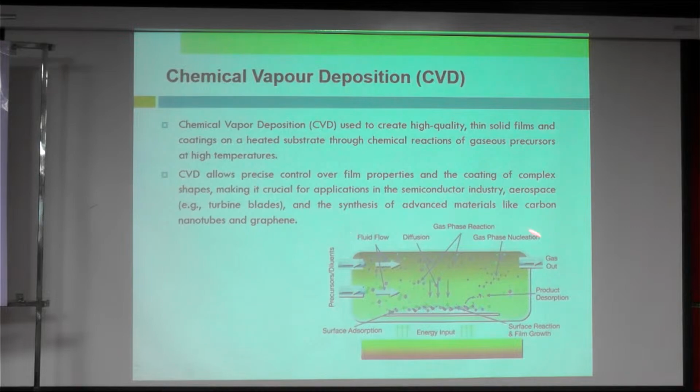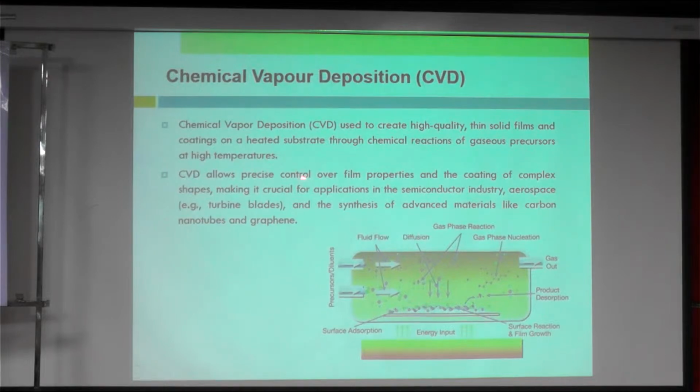So this is a typical schematic layout of a CVD. You have precursor flowing into the chamber, the furnace basically. So diffusion happens, then gas phase reaction happens, and with that you can deposit material on the surface by absorption, and material can grow on the surface of your substrate.